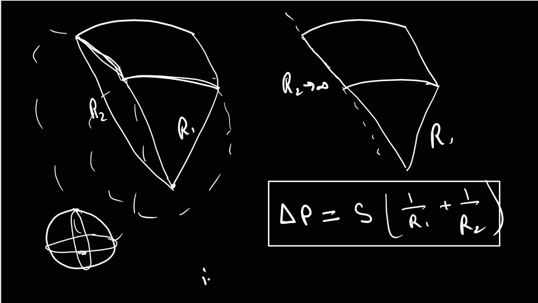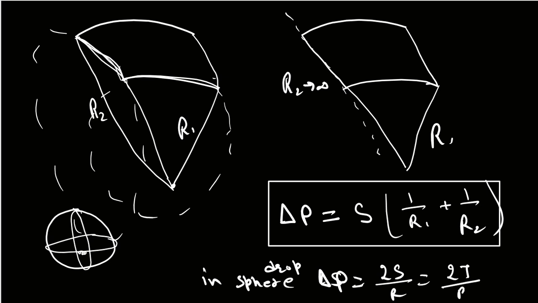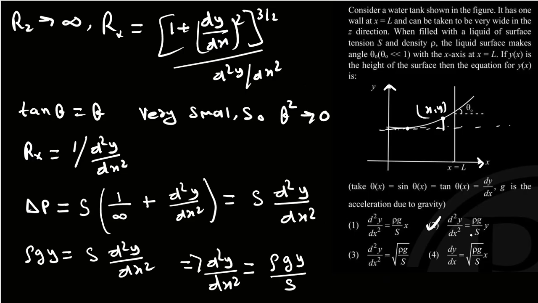That's why for a sphere drop, not liquid, delta P is written as 2S by R, or sometimes we represent it by T, so 2T by R, because 1/R plus 1/R becomes 2/R. Both radii are equal in a sphere. And if this is a liquid bubble, not a liquid drop, then this will become 4T by R for two surfaces. I hope this is clear to all of you.